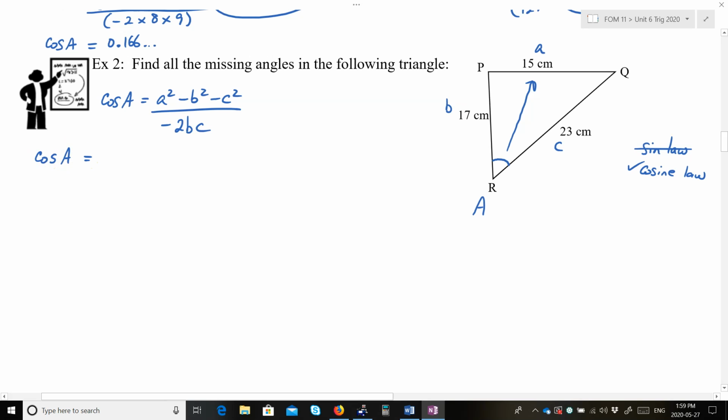So cos A is equal to 15 squared minus B is 17, so 17 squared minus C squared, C is 23, divided by negative 2 times 17 times 23.